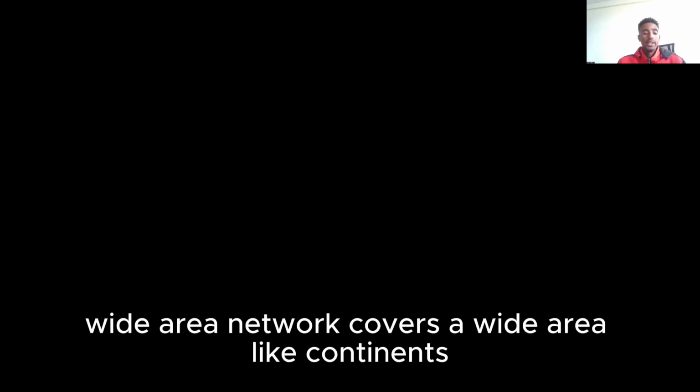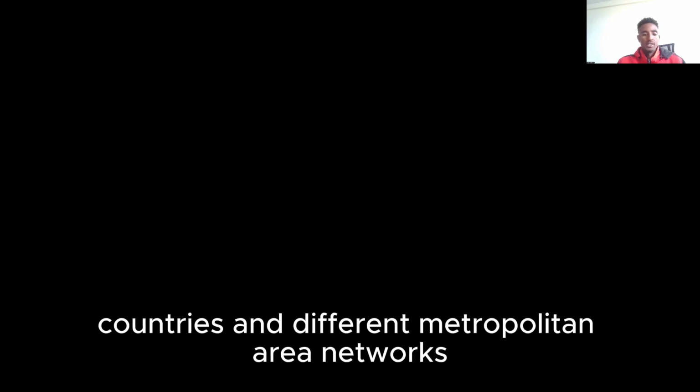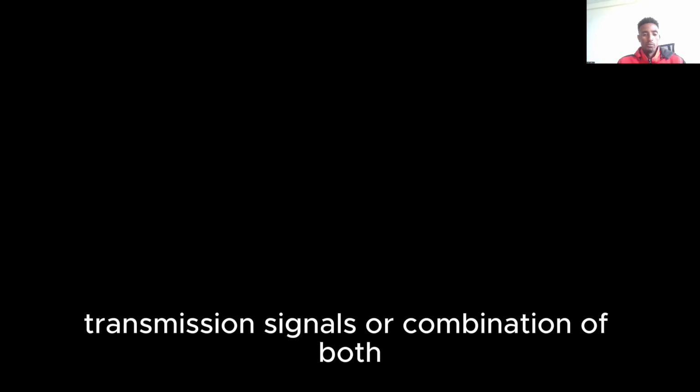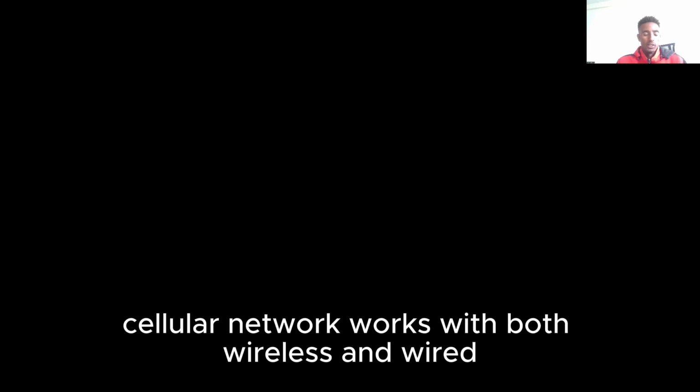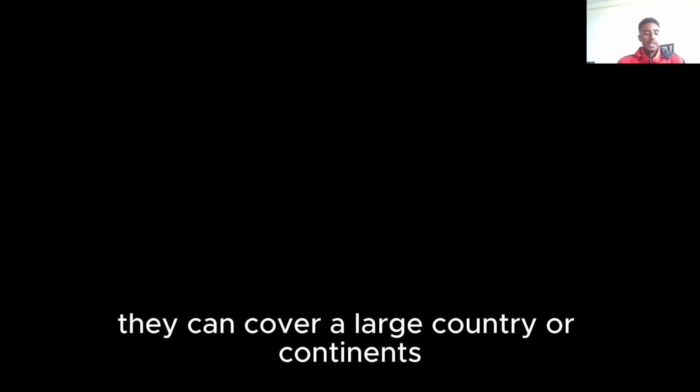The other one is the wide area network. As the name indicates, a wide area network covers a wide area like continents, countries, and different metropolitan area networks connected together. A wide area network can use either analog telephone lines or digital lines, such as satellite transmission signals, or a combination of both. For example, let us see cellular networks. A cellular network works with both wireless and wired cables. Based on this, they can cover a large country or continents.